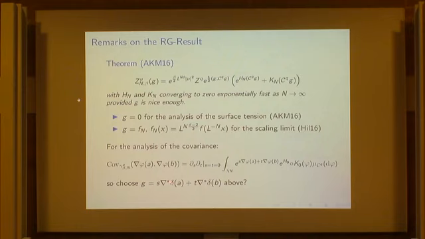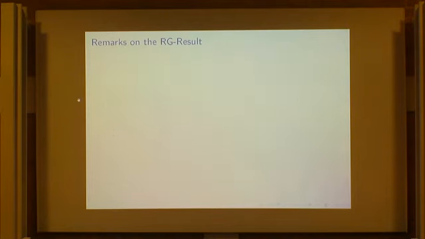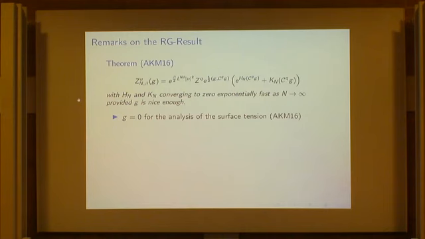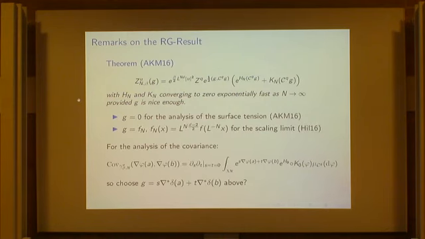So here is the logarithm. Okay, if we choose G like this, then we are exactly in this form here. But unfortunately this is not nice enough for this formula here.